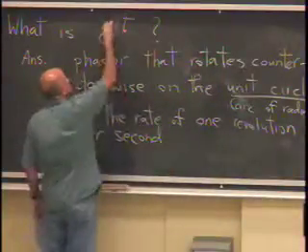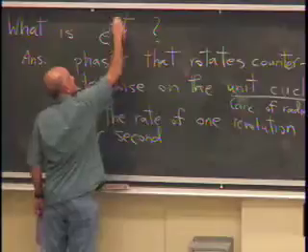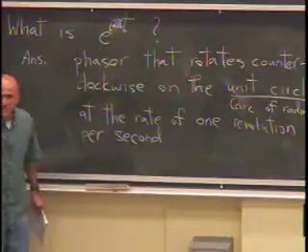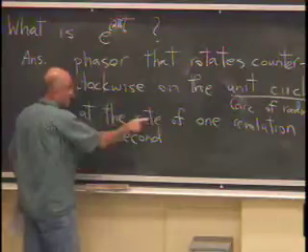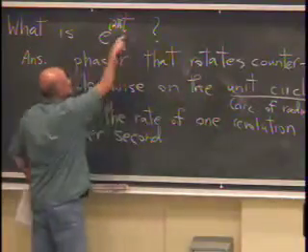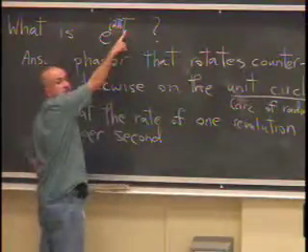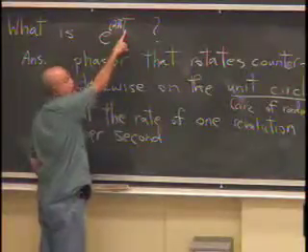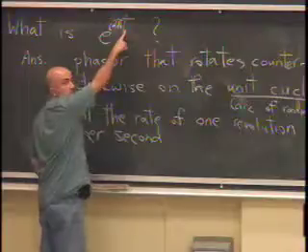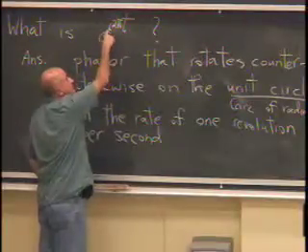I should have put pi. This annoying 2 pi will come into the picture all over the place. E to the i 2 pi t takes you one revolution in 1 second. So when you start off at time 0, what's the value? E to the 0, 1. When you go to time 1 second, you have e to the i 2 pi.